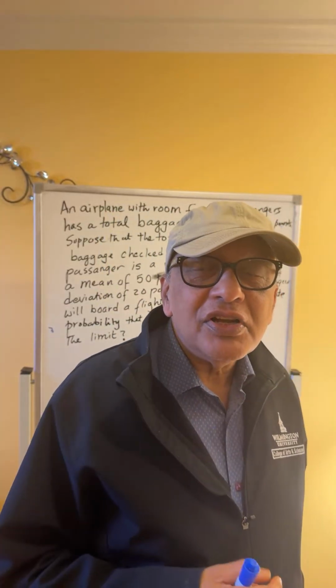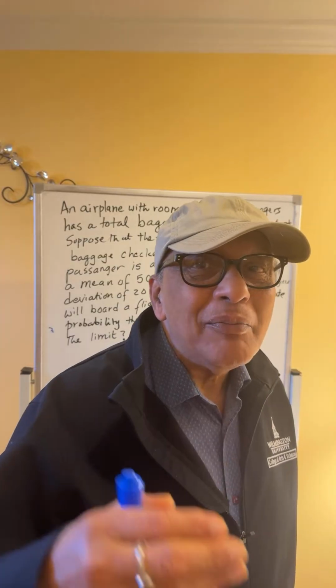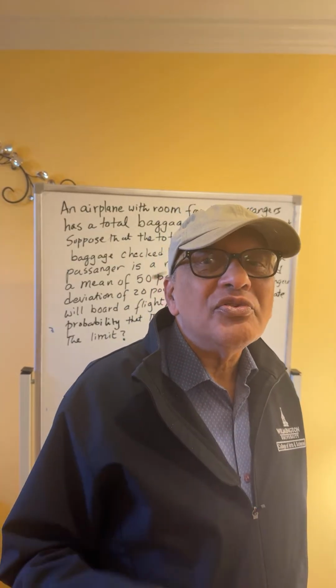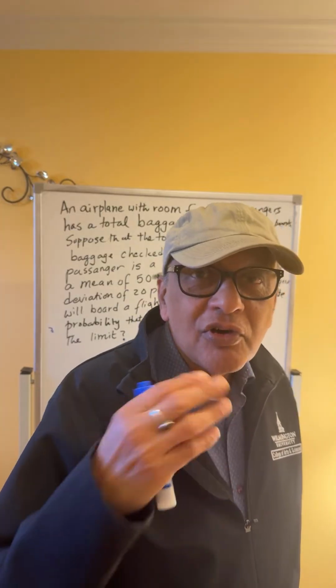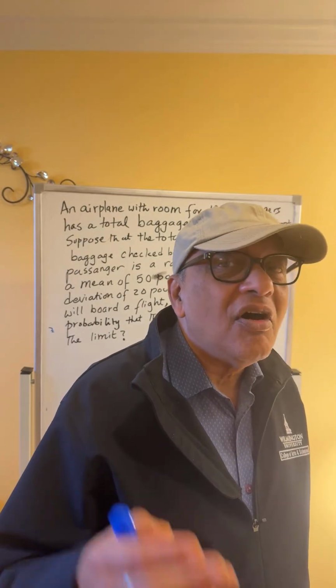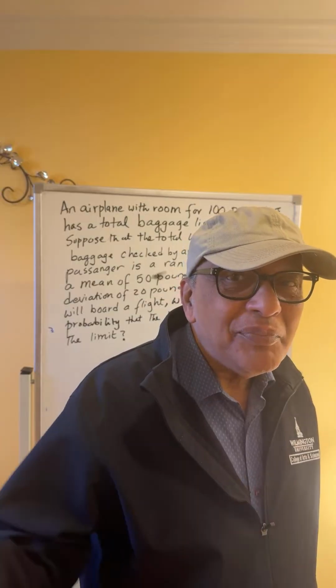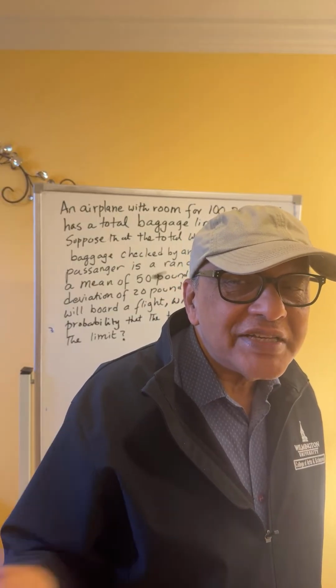So without further ado, today we are going to solve a problem on sampling distribution of sample means. So what is sampling distribution? It's a probability distribution of the sample means. You have sample mean on the horizontal axis, the x-axis.